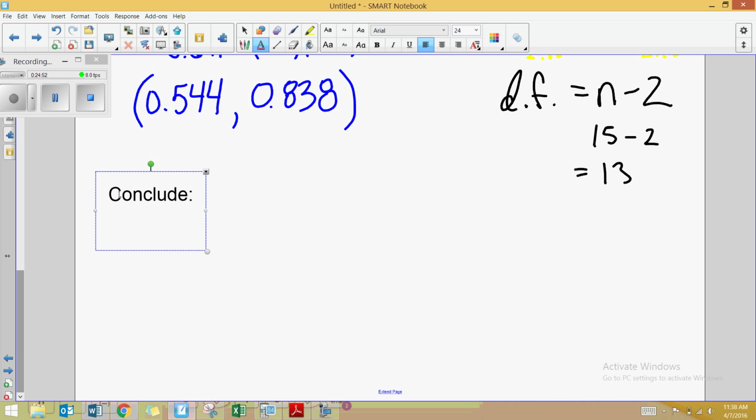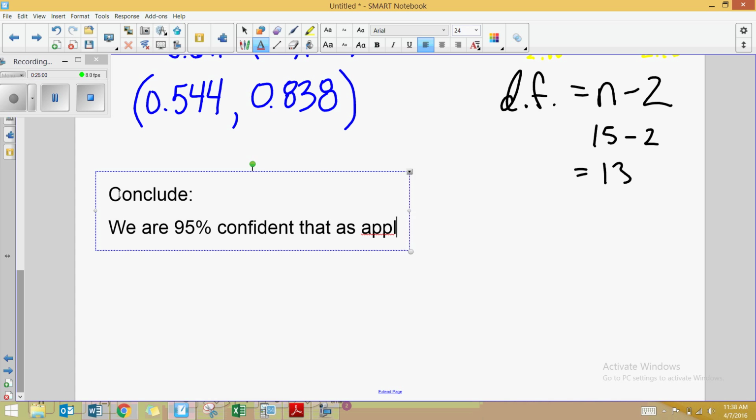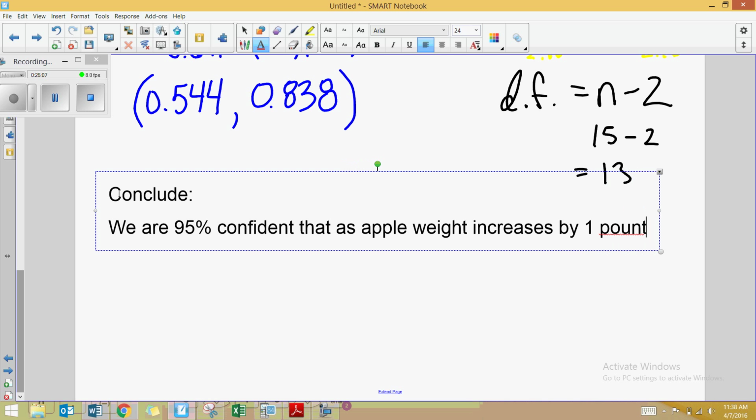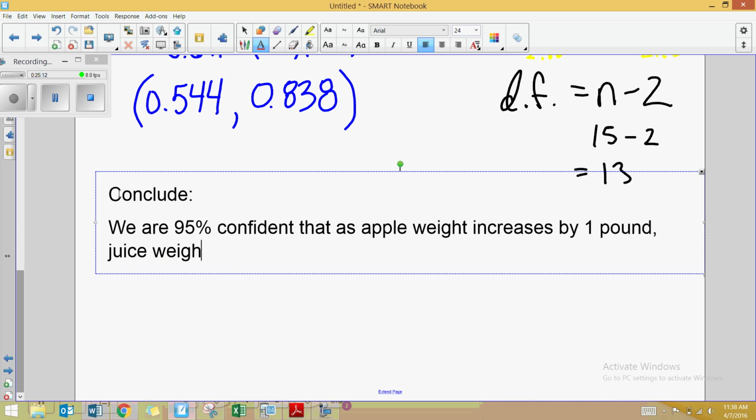So let's look at the conclusion. We are 95% confident that as apple weight increases by 1 pound, juice weight increases between 0.544 and 0.838 pounds.